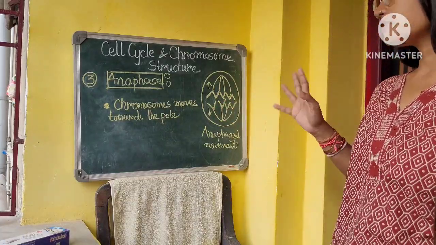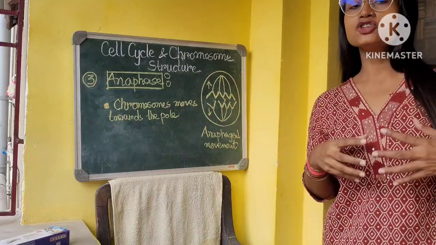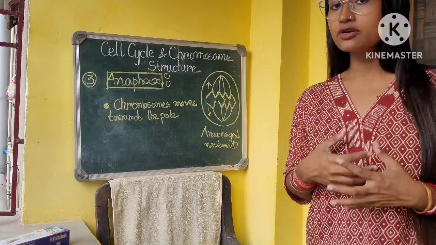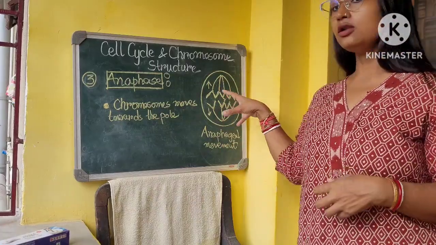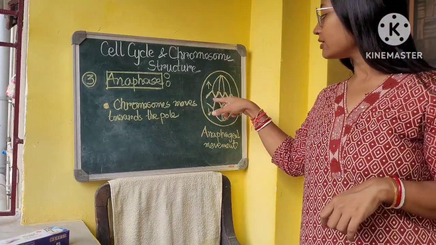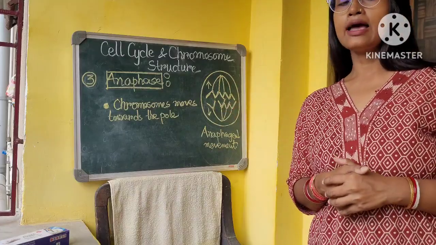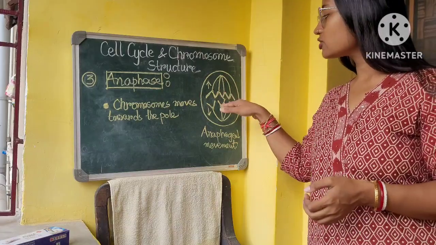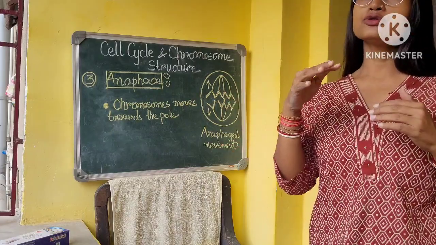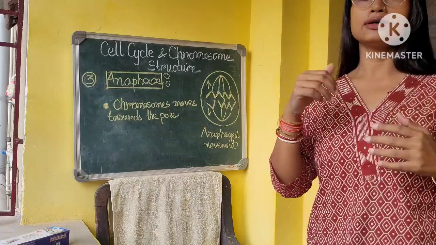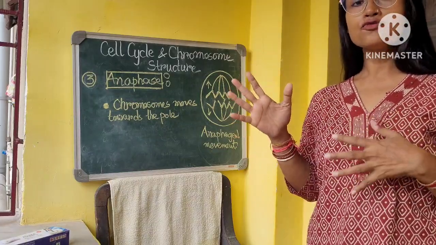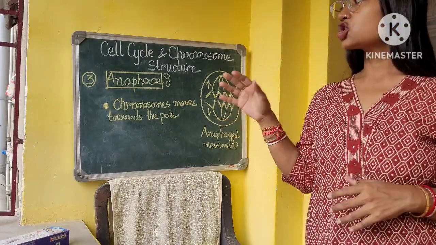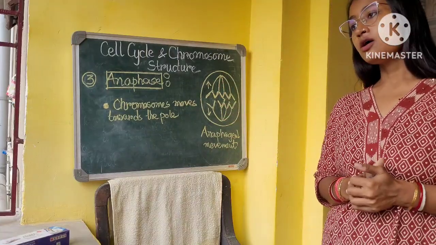In this phase, the spindle fibers get shortened, and because of the shortening of the spindle fibers, a pull generates at the centromere region of the chromatids, and both the chromatids get separated from the centromere, and both sets of chromatids start to move towards the poles of the cell, and this movement is known as the anaphasic movement. So this is the shortest phase of karyokinesis.